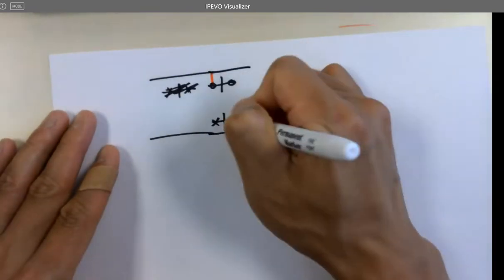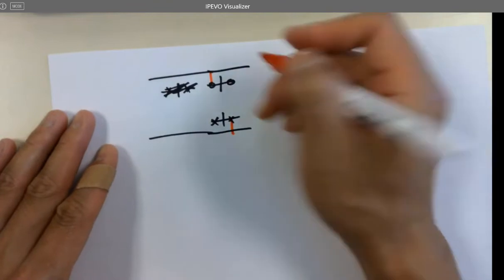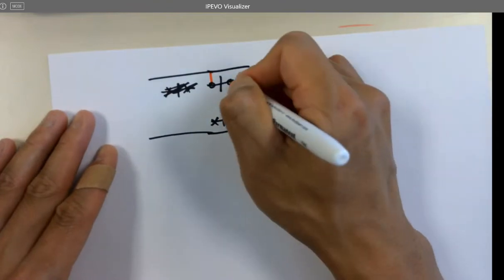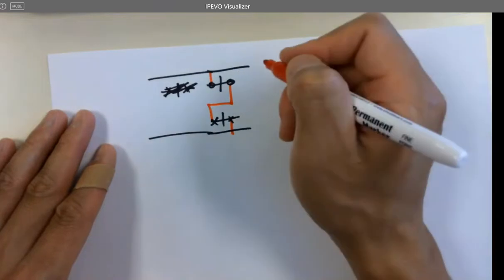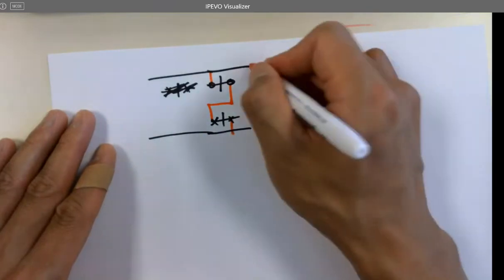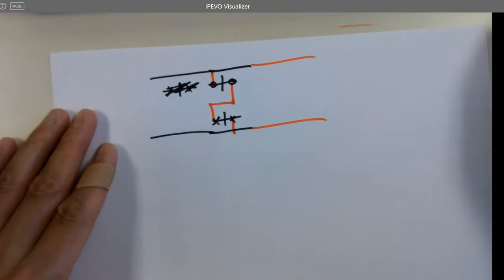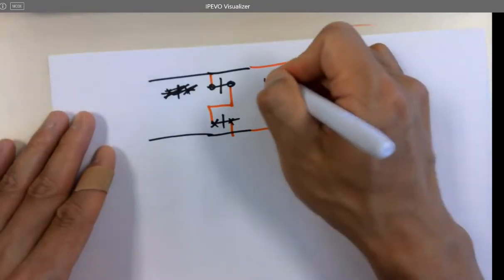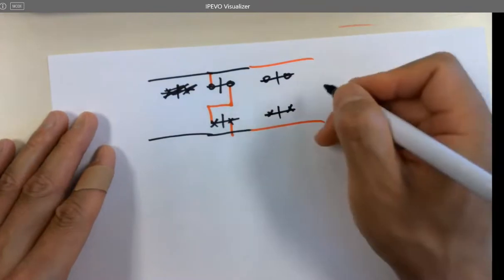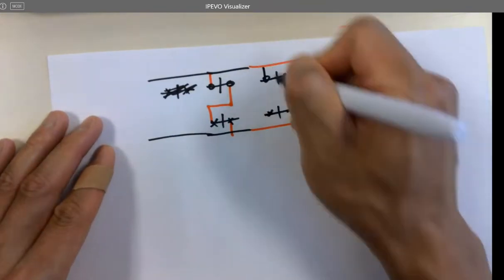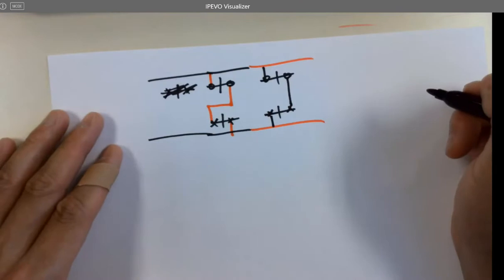Those two, top one goes down. It's better to do it the other way around, right? Optimize it. Just do this. No difference, right?